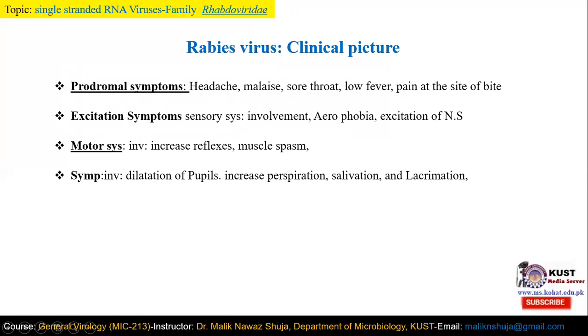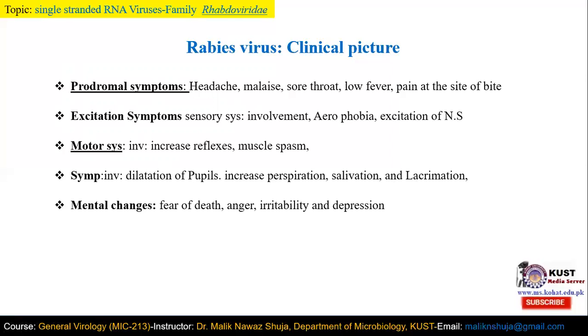Then salivation, because the muscles of your face and throat become paralyzed and the jaws are unable to close properly. Salivation coming out is also a sign of rabid dogs. The last is lacrimation, the tears also come out. These are the basic symptoms on the basis of which we can identify the patient or the rabid dogs.